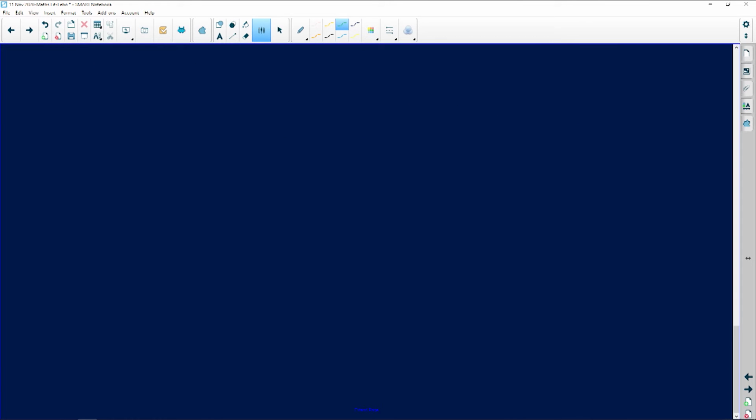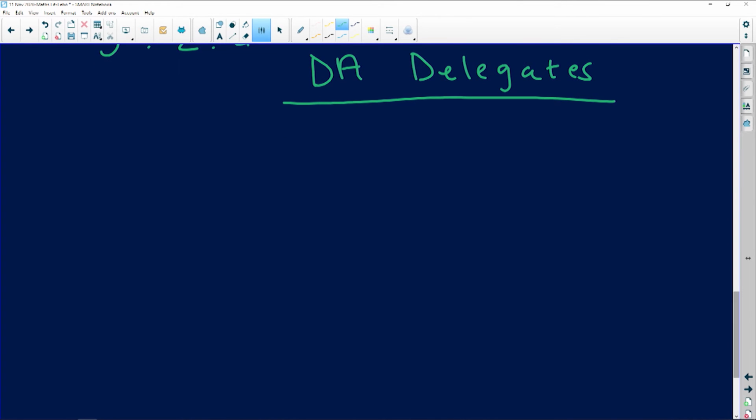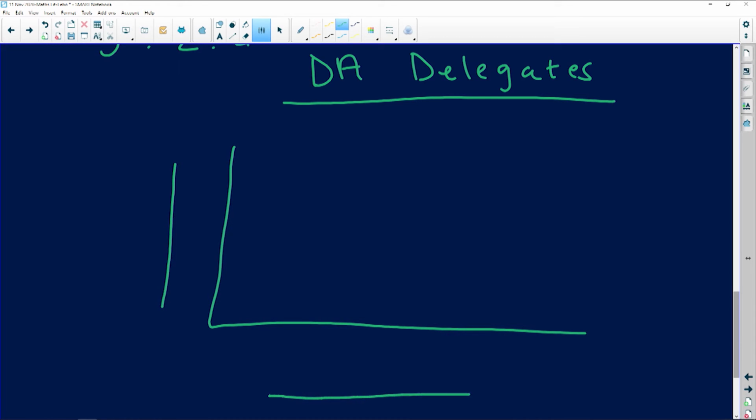Second thing that you need to know about drawing a graph is that your graph needs to have an x-axis label and a y-axis label. So in this particular case, I would say here number of delegates.